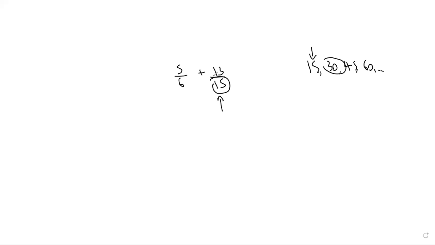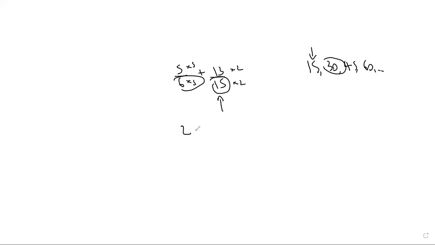So let's do that. To get 30 for the first one, we have to multiply it by 5, so times 5 times 5. And to get 30 for the next one, we multiply by 2, multiply by 2. Where I'm getting these numbers is I'm just trying to get 30 on the bottom for both of them. And then, of course, what you do on the bottom, you have to do on the top for each fraction.